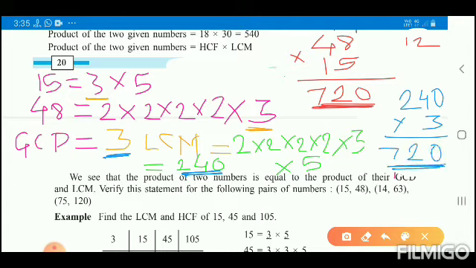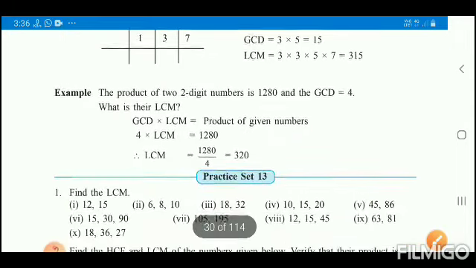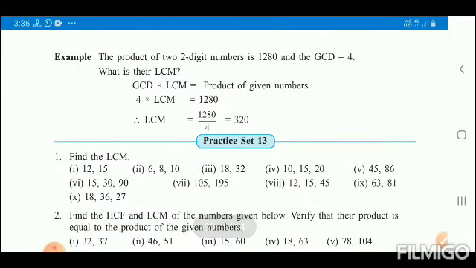So, you will see that the product of two given numbers and the product of the HCF and LCM of those numbers always come out equal. And before that I showed you, if there are three given numbers, then the product will not come the same. So this rule is applicable for the product of two numbers only. Keep this in mind.